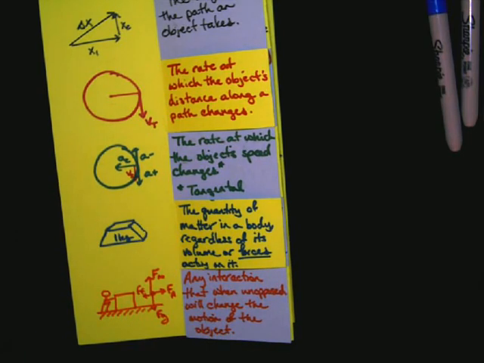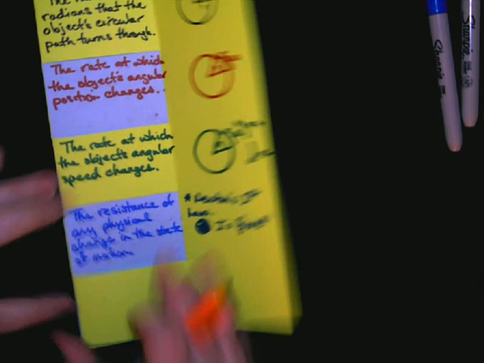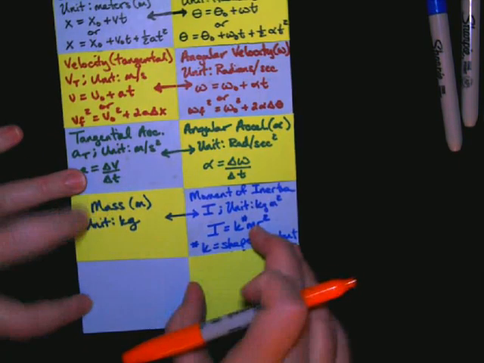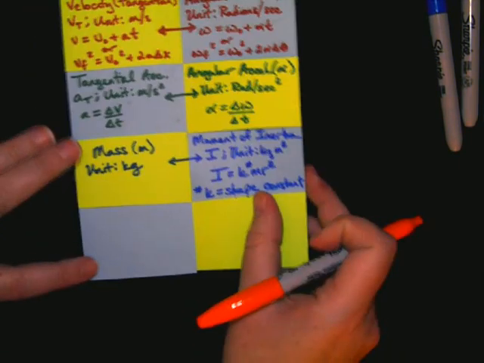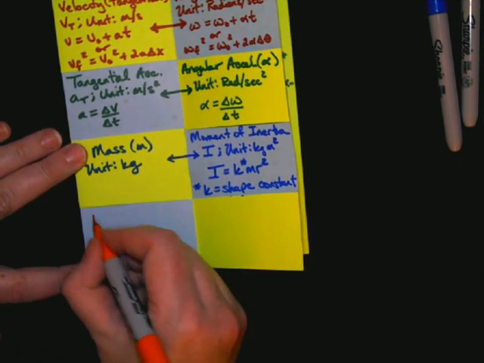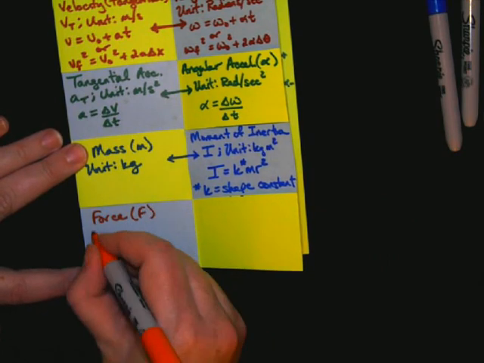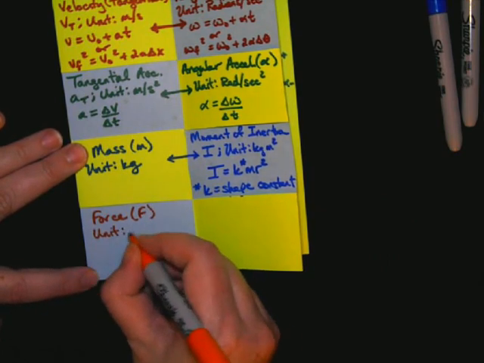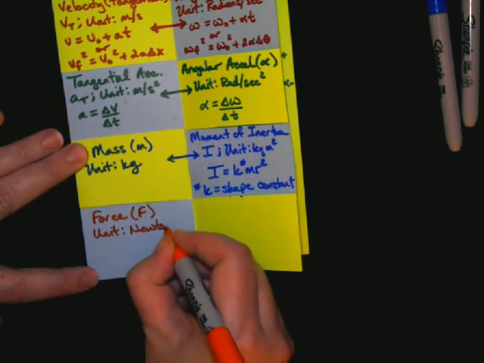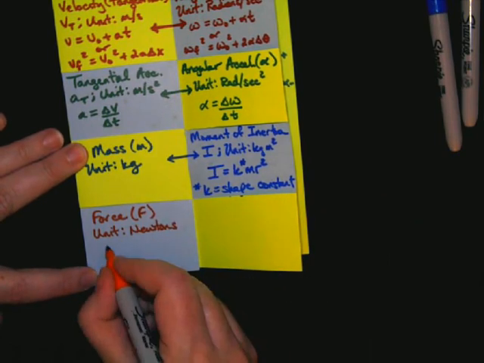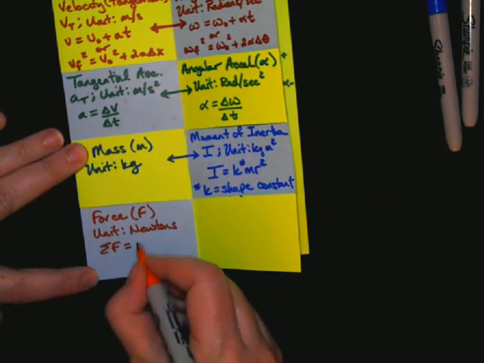And so here he is. And then what we have is force, and you're all like, wait, force? Again, we know force. So force, with our variable F, and the unit is, again, newtons. And again, I know you know a lot of this stuff already. So there's that, newtons. And we know that the sum of my forces is mass times acceleration.